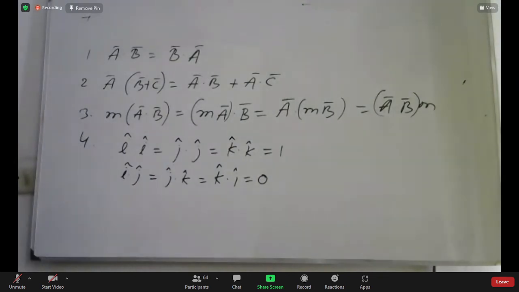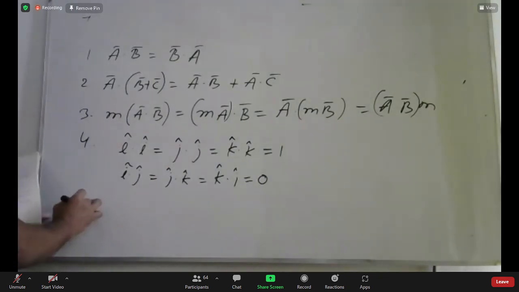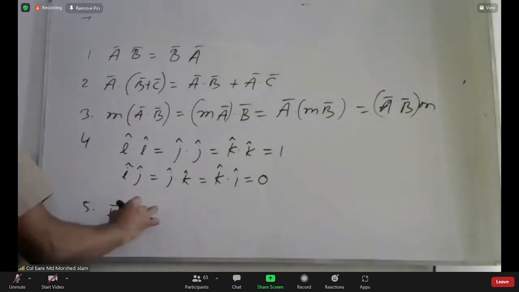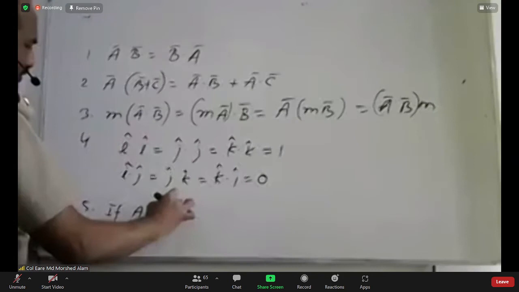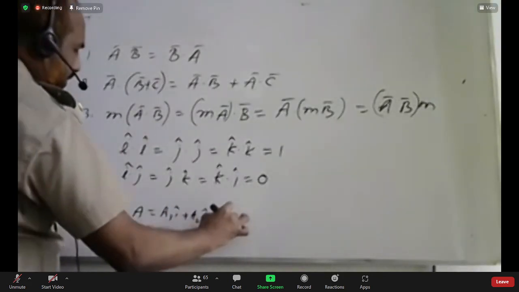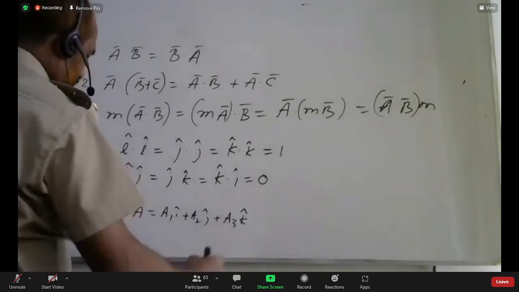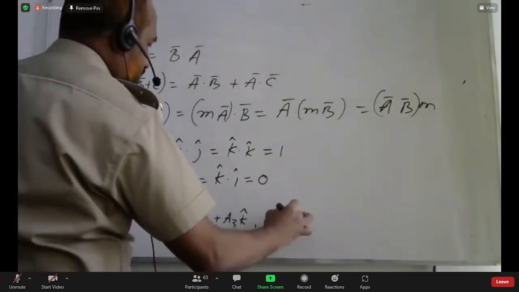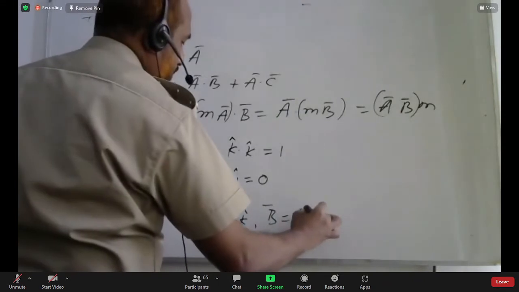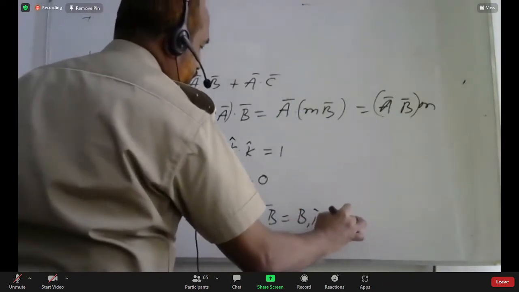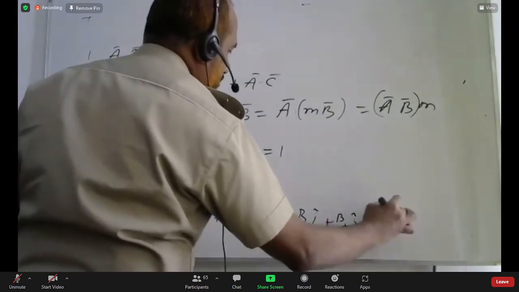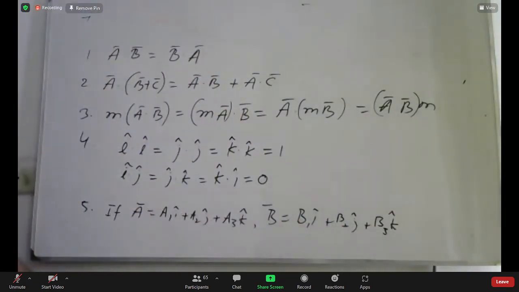And if A and B are two vectors like this, if A is equal to A1 i plus A2 j plus A3 k, and B is equal to B1 i plus B2 j plus B3 k, then A dot B is what?